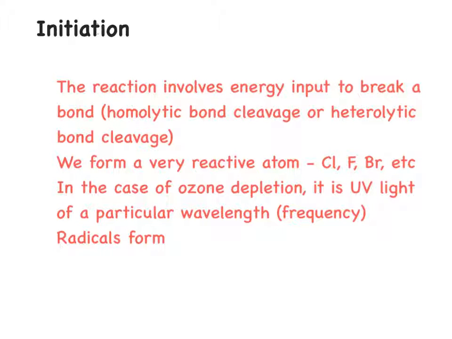So we have this polarity of bond, and we have something that wants to break the bond because of the high electronegative nature of the halogen. And so UV has just enough energy to actually form the radical. So this would be called the initiation phase.